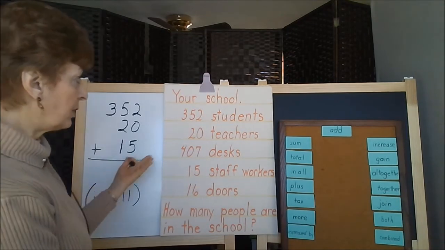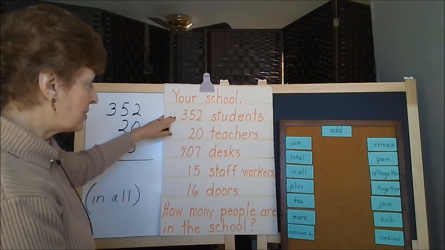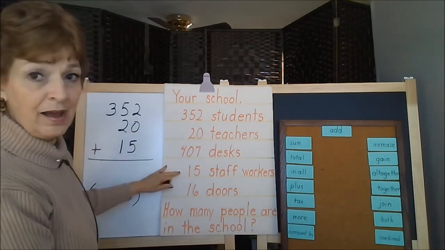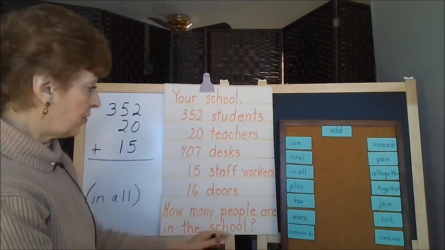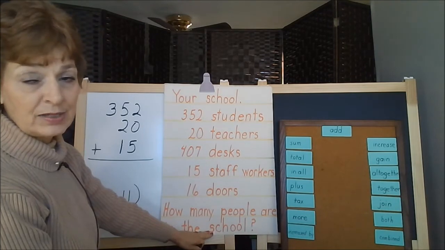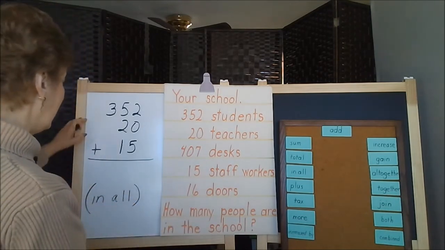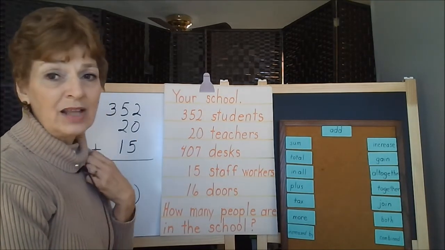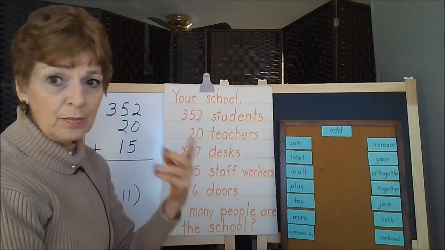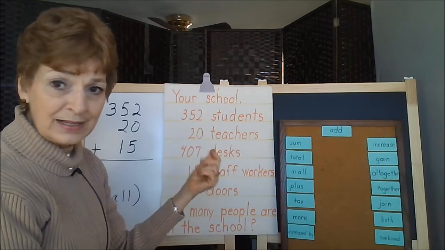Would it be reasonable to combine the students, the teachers, and the staff workers all together to get an answer for how many people are in the school in all? And that reasoning takes a long time to explain to you, but it actually happens at break speed in your child's head.